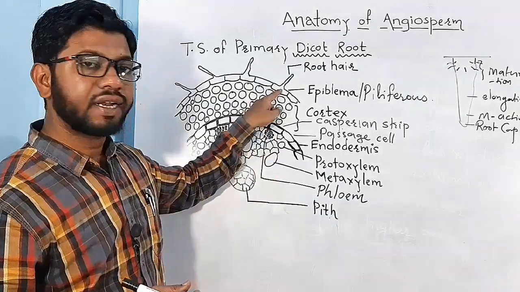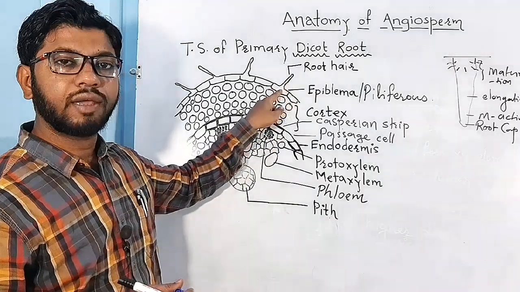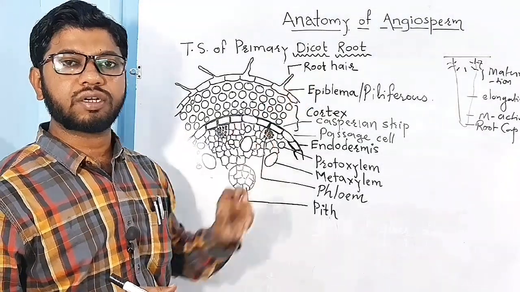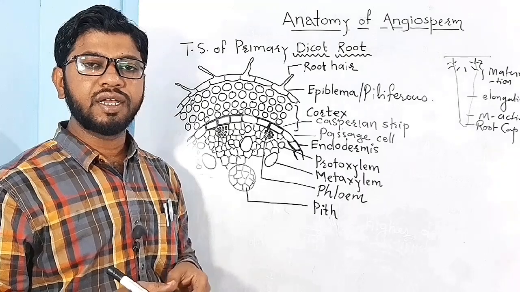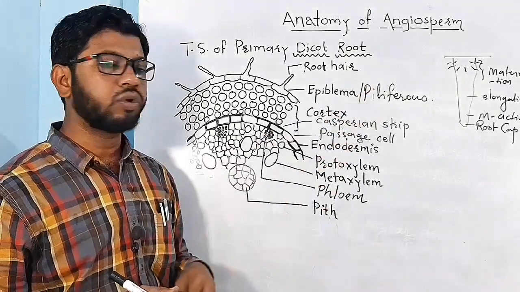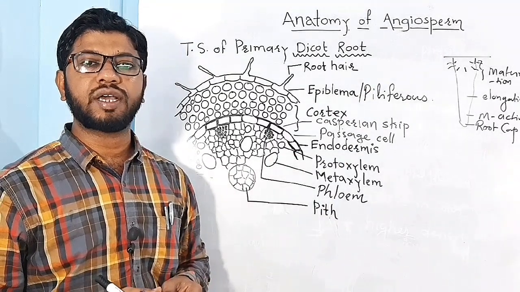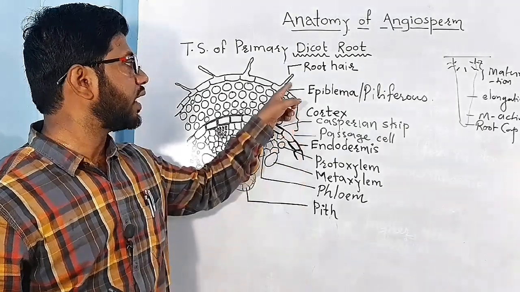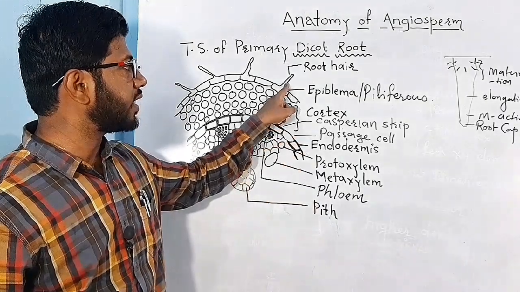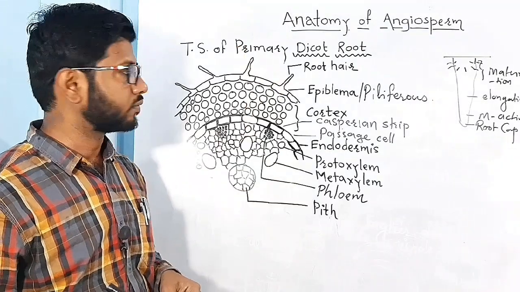Some of the parenchyma cells get elongated, and this elongated part of the epidermal cell is known as root hair. Root hair is not an additional type of cell, it is an elongated part of the epidermal cell. Millions of root hairs are present in region of maturation which absorb water and nutrient, and these root hairs are replaceable, means after maturity the root hair gets cut off and another cell gets elongated to form the root hair.